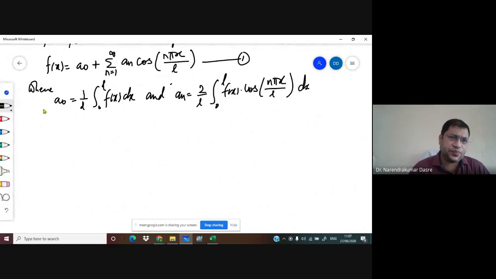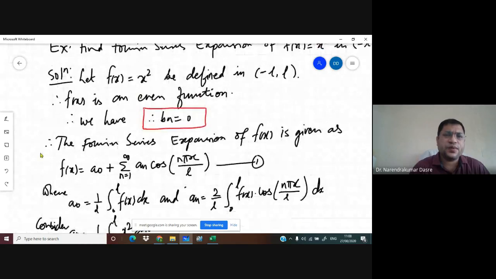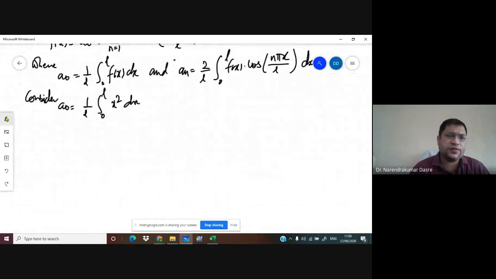Now let us see. So what we get here, we consider this one by one. So consider a0 is equal to 1 by L integral 0 to L, we have x square dx. Okay, so that's what you will be having here, because our function is x square. And now integrate this.